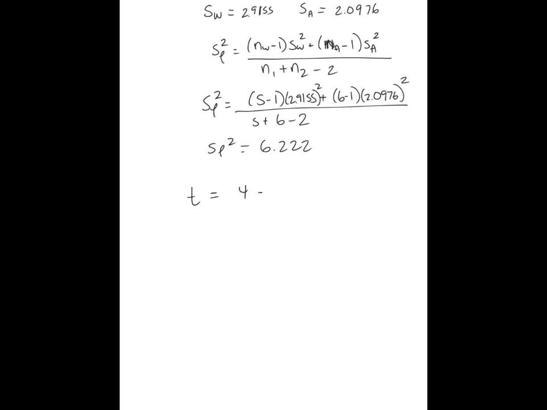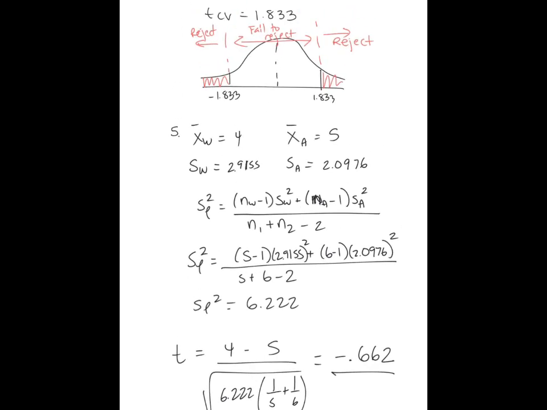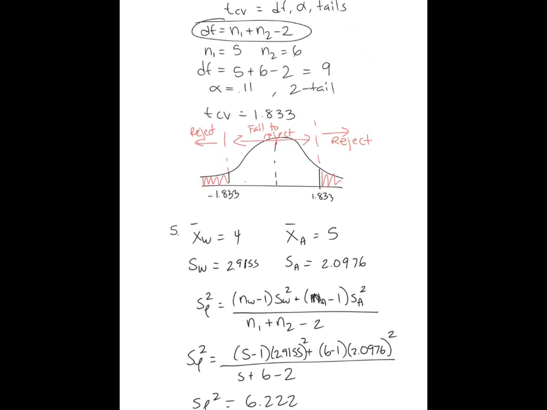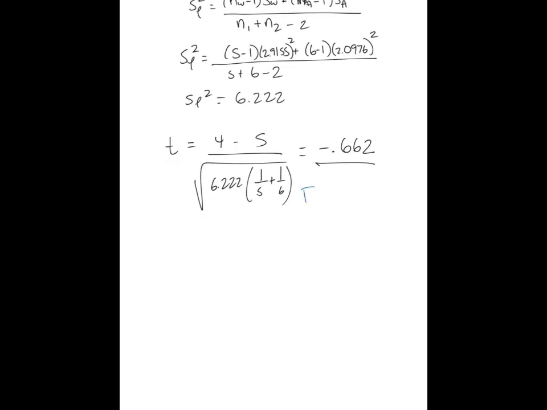Okay, so let's put that into the test statistic equation. T equals x bar Wells minus x bar Atkins, and that's going to be 4 minus 5 divided by the square root of 6.222 times 1 over 5 plus 1 over 6, and that gives us a value of negative 0.662. So now if we go to our diagram up top, our rejection regions, negative 0.662 is in the fail to reject region.